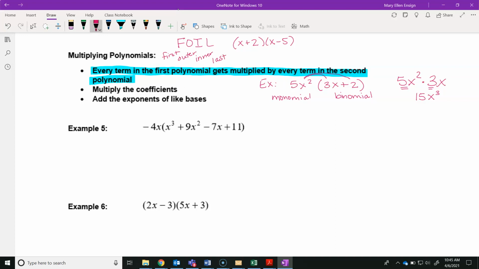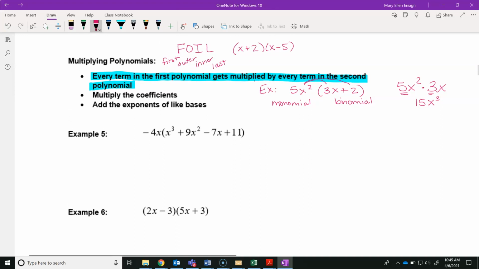And all it means is this: you're going to multiply the first term in each parentheses together, so the first by the first. Then imagine that these are like four little things sitting together, right? These two are on the inside, they're kind of squished, these two are on the outside. So the O means the outer pair, then the inner pair, and then the last in each polynomial, okay? That is just a little reminder of what I have highlighted in blue there, really. Just that every term in the first polynomial gets multiplied by every term in the second polynomial.